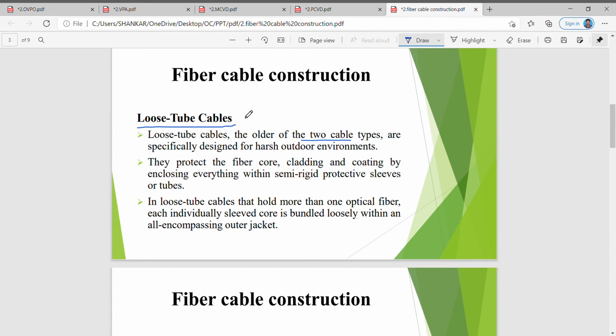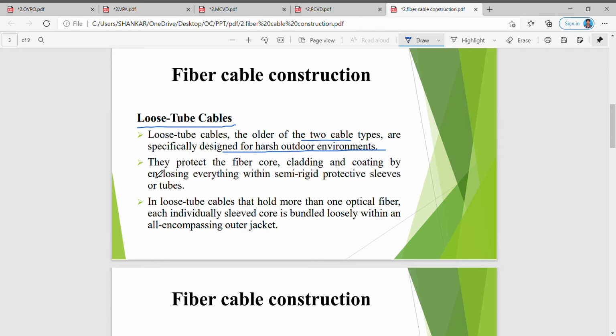That is the first method implemented for the construction of a fiber cable. This is designed for outdoor environments. These cables are used in harsh outdoor environments.